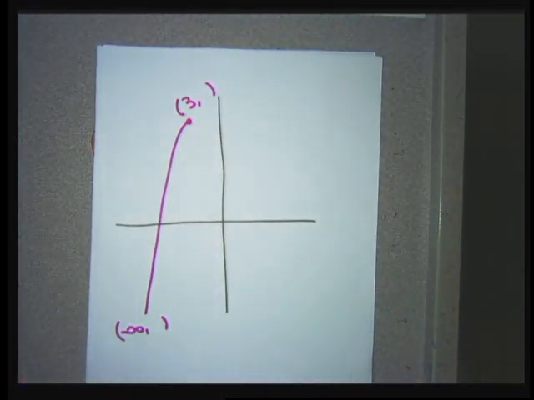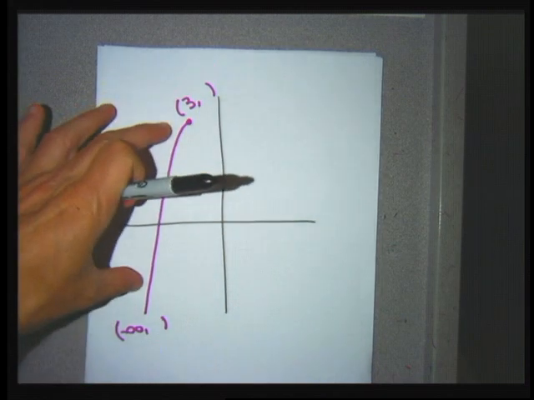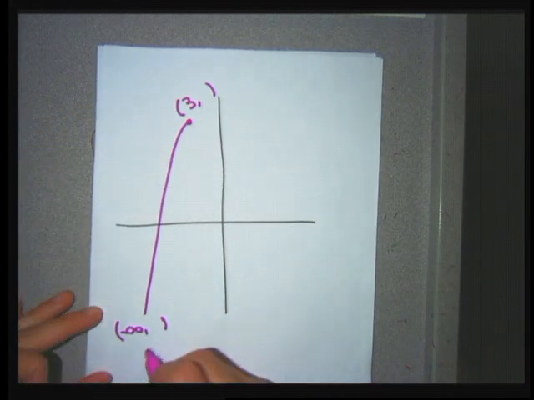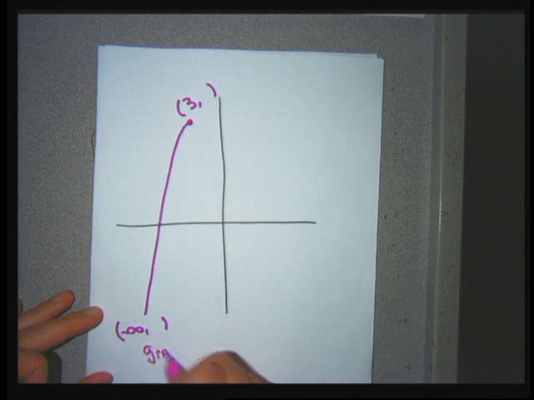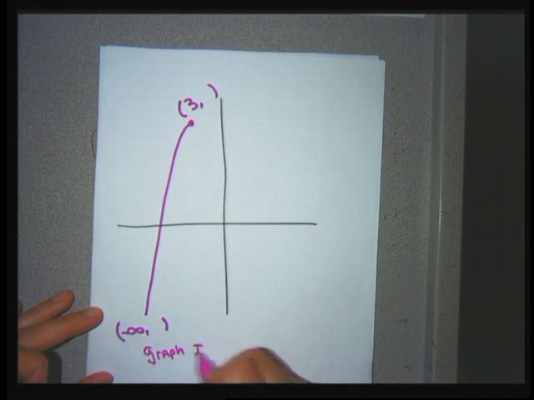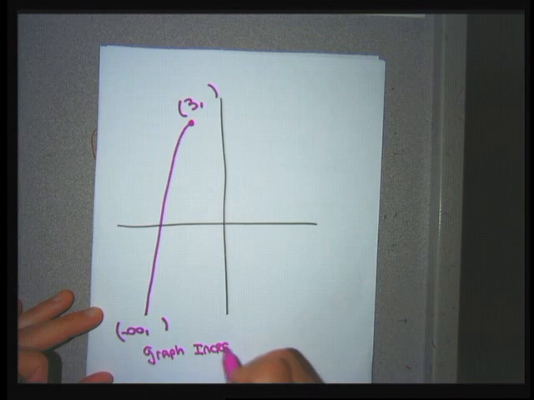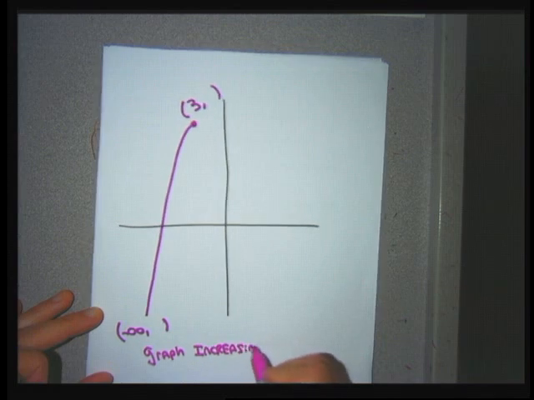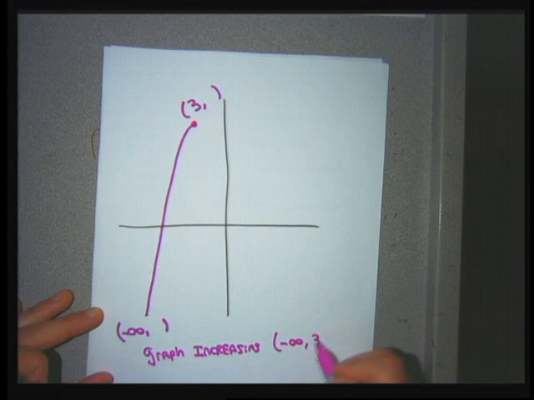Temporarily, I'm not going to need the y's. I'm going to look at this graph differently than the last graphs. I'm going to look at this graph in the regions where it's going up and going down. This portion of the graph, I say the graph is increasing in this interval. It's increasing between negative infinity and 3.